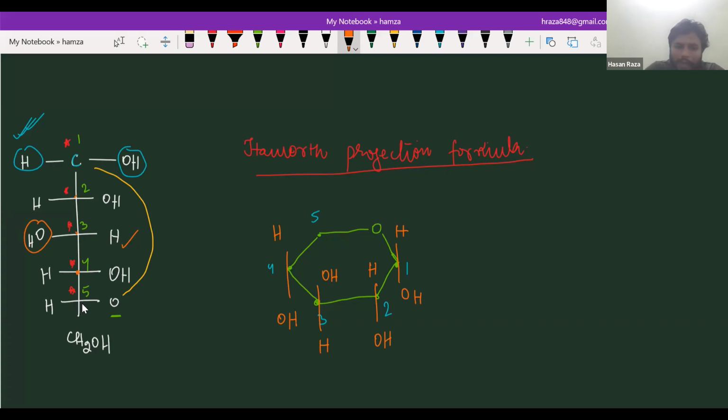When we go to the fifth carbon, you can see it has CH2OH and H. This O is in cyclic form. So basically it's very easy. Now whatever is below will come to CH2OH, and whatever is on the left hand side, it will be H. Is that clear to everyone?